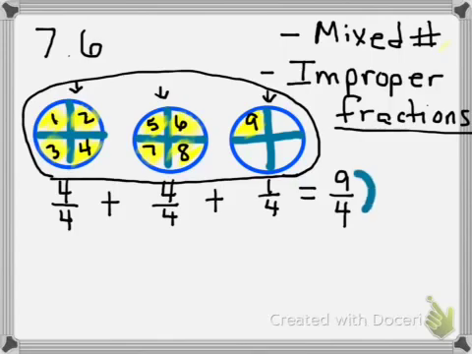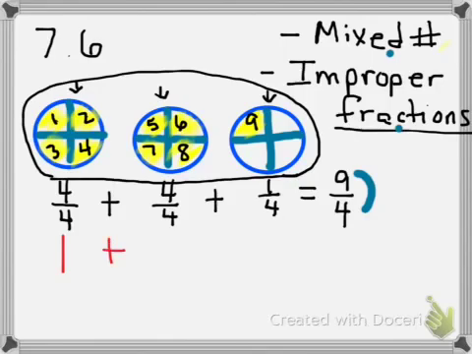What we want to do is figure out what the improper fraction is and what the mixed number is. Now the mixed number is looking at the improper fraction and making it into an actual proper fraction, if you will. So what we decided is we looked at 4 fourths. Well, 4 fourths is the same thing as 1 whole, because that's 1 whole circle colored.